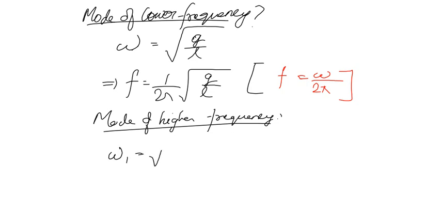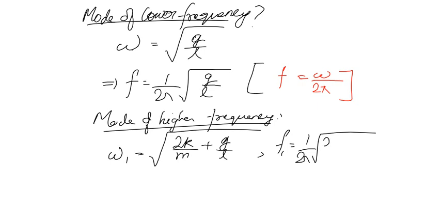Omega 1 is the square root of 2k by m plus g by L. So the corresponding frequency is 1 by 2 pi root under of 2k by m plus g by L. So this is your mode of higher frequency, and this is your mode of lower frequency, right?